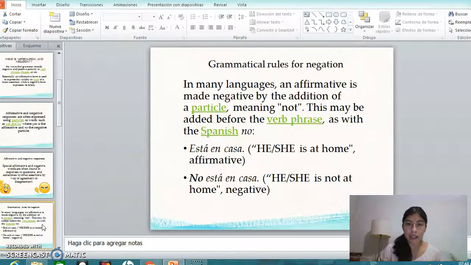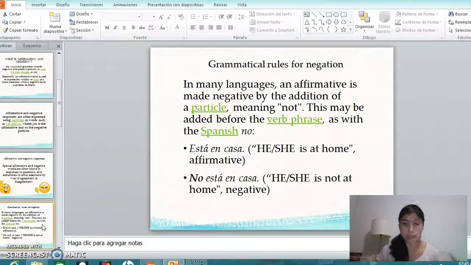In this slide, I'm going to give you examples where we can see the differences between affirmation converting to negation. Okay? So, in many languages, an affirmative is made negative by the addition of a particle, meaning not.